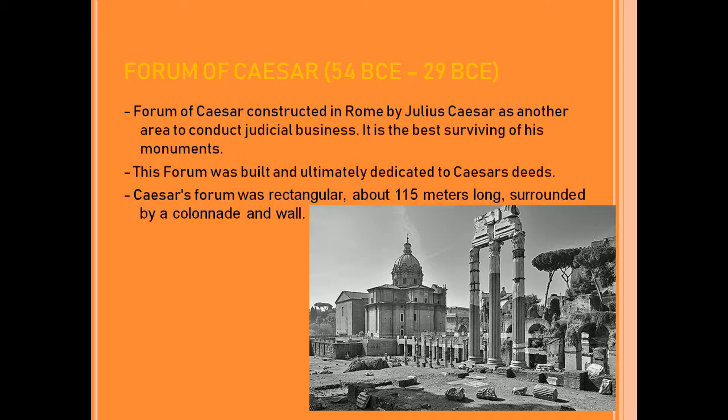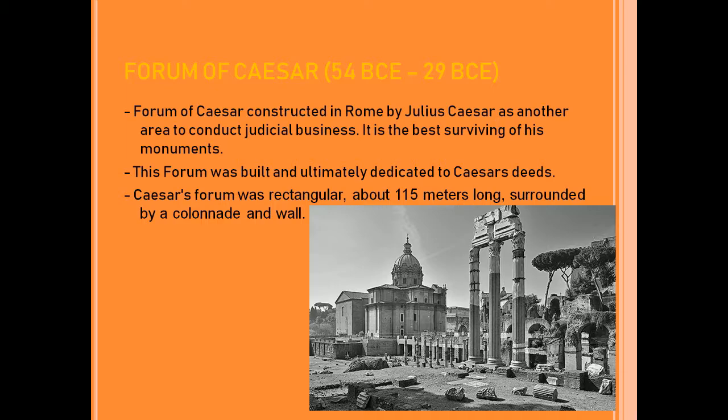The Forum of Caesar took a while to build actually. It happened from 54 BCE until 29 BCE, and it was constructed in Rome by Julius Caesar himself. He requested it as another area to conduct judicial business. It's the best surviving of his monuments.